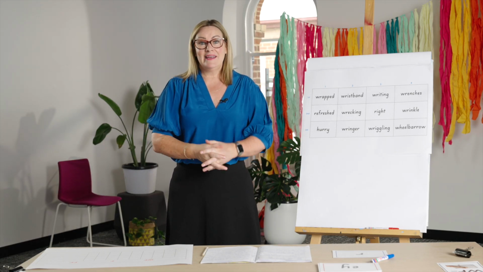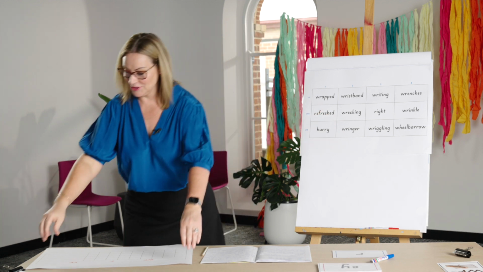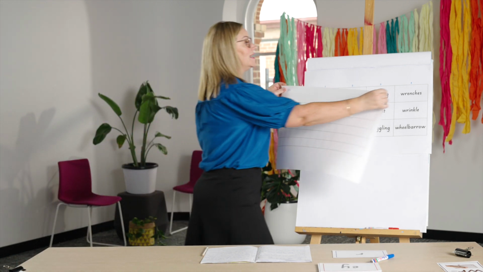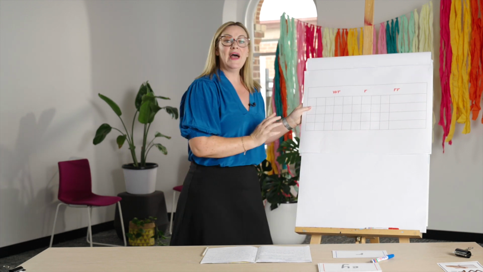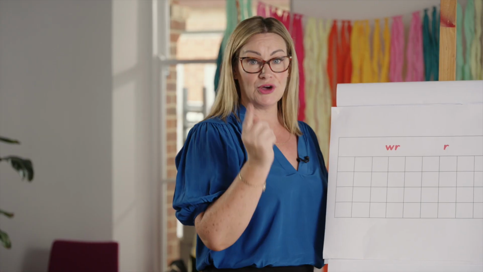Words to read. What comes next? Words to write. Let's get ready. I'm going to pop this up. Now, you'll notice in our words today, of course, we do have these 3 graphemes across the top to help us.